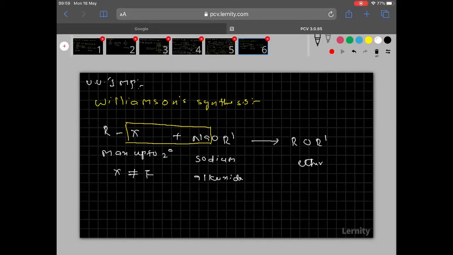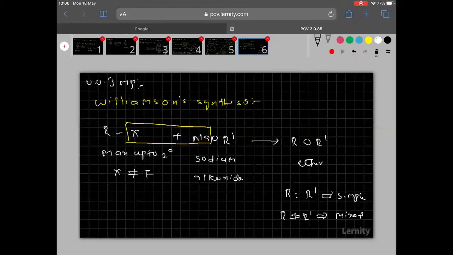Clear? And many times I told you about R dash. If R is equal to R dash, then that is the simple or symmetrical ether. Next, if R is not equal to R dash, then that is called the mixed ether. So both simple and mixed ethers can be prepared by Williamson synthesis.